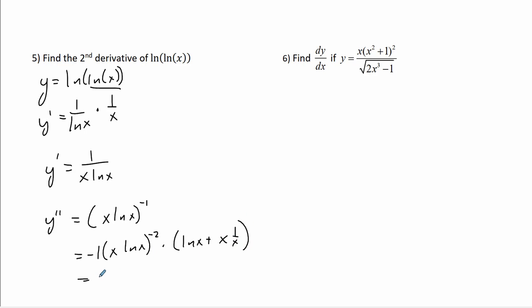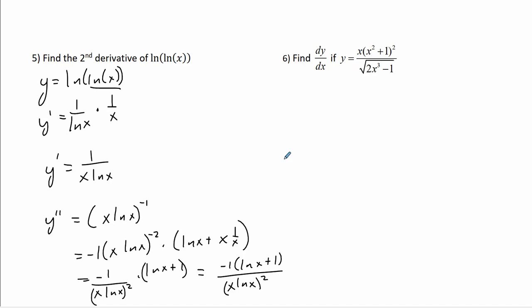And let's clean that up. Negative 1 over, this is going to go to the bottom, x ln of x squared times ln of x plus 1. So now we get negative 1 times ln of x plus 1 over x ln of x squared. Hopefully that's good.